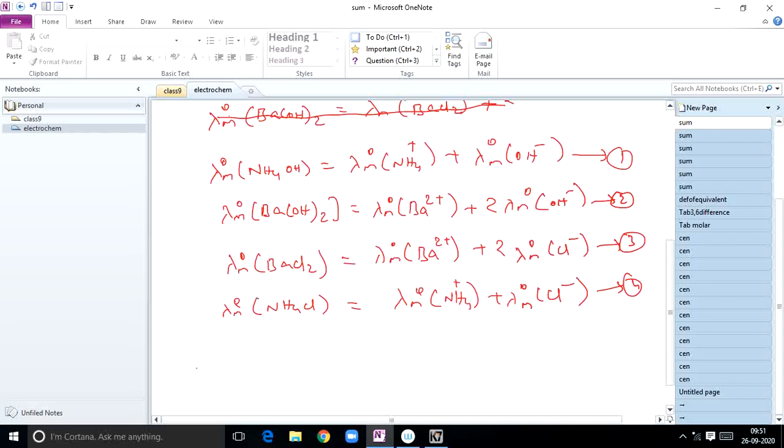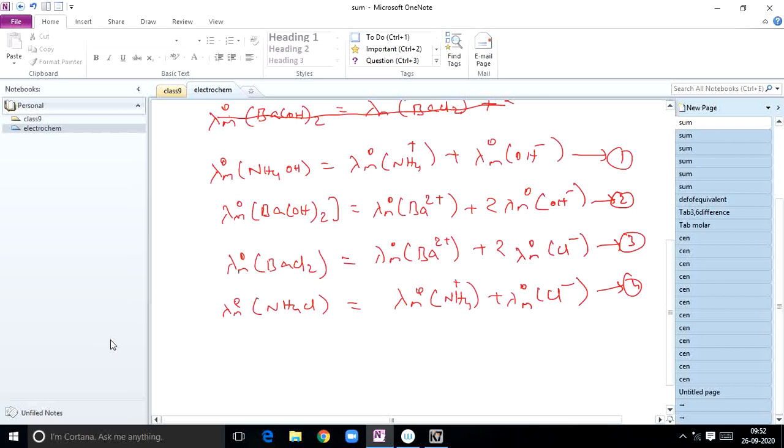So what we will do for this? You have to adjust 2, 3, 4 equations, and you have to bring first equation from that. So use 2, 3, 4 equations and frame the relation between them. When will you get this?